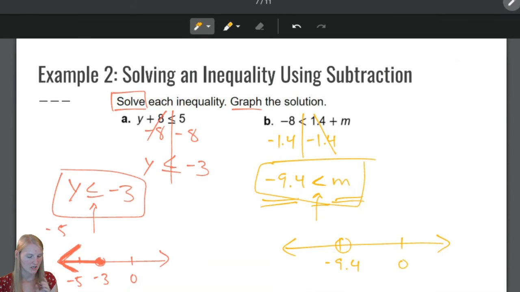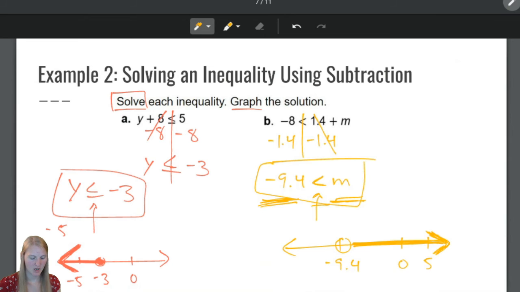Negative 9.4 is less than what? It's less than positive numbers, because it is negative. And m is bigger than negative 9.4, so numbers that are bigger than negative 9.4 are positive numbers. So our arrow is going to point towards positive numbers.